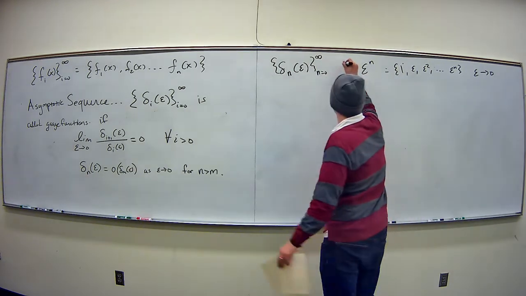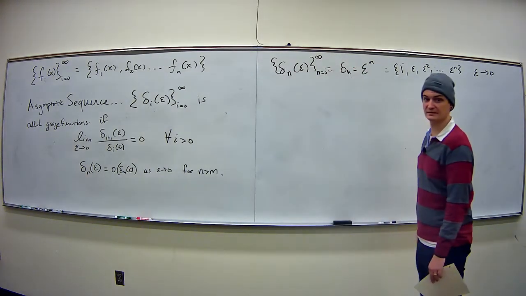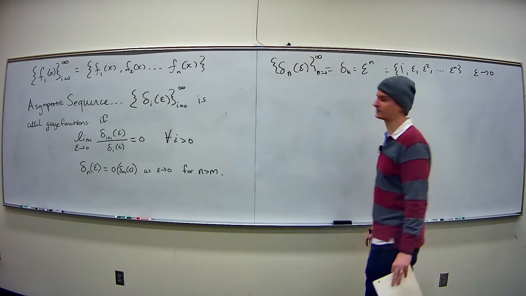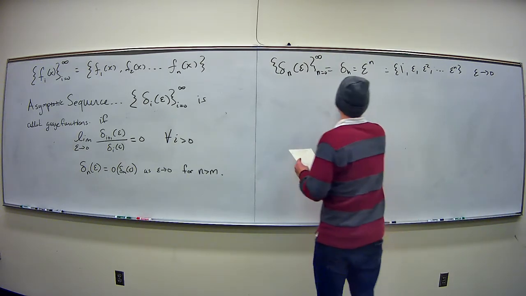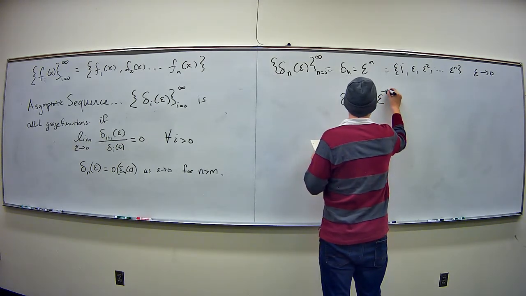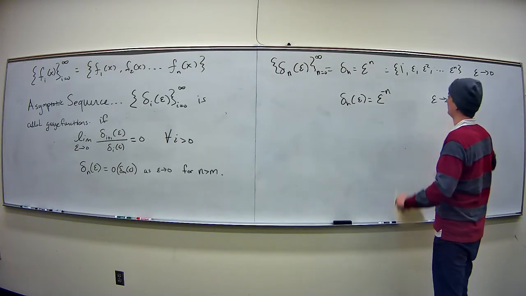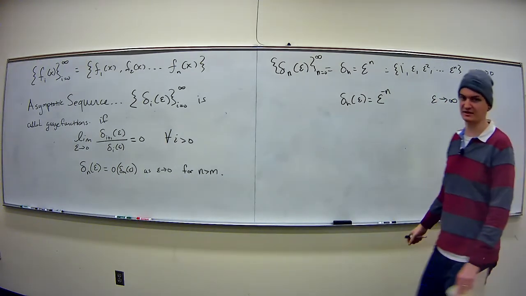So that means that delta n, right, is just this. It's not the most interesting function, but it certainly works. You could also have delta n here to be equal to epsilon to the negative n for epsilon going to infinity. That's still an asymptotic sequence.